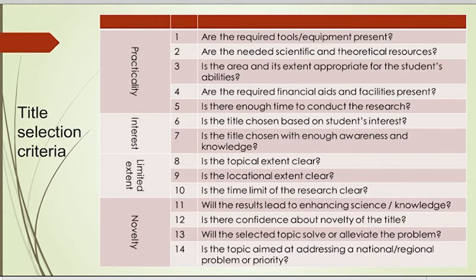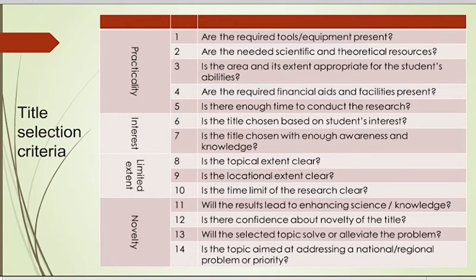Number 1, are the required tools and equipment present? For example, if you choose to filter sewer water to absorb the chemicals and reduce the river water pollution, do you have access to tools, to equipment that are used for that purpose?